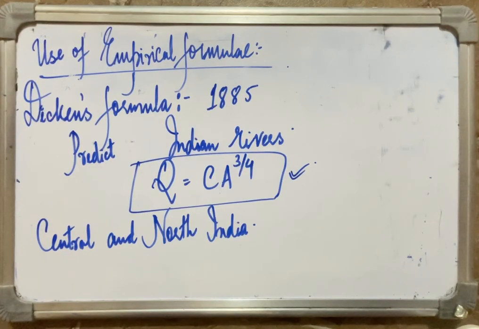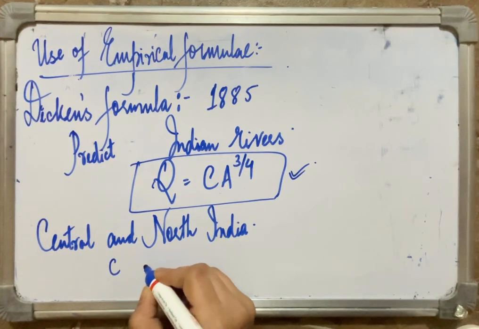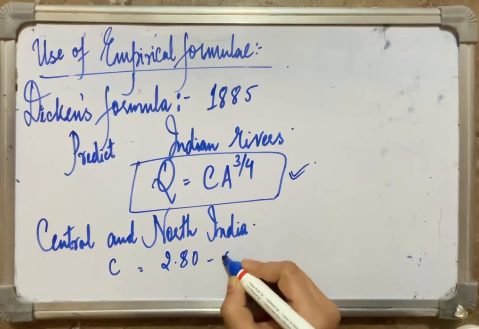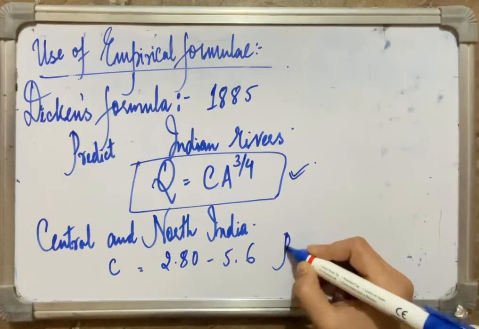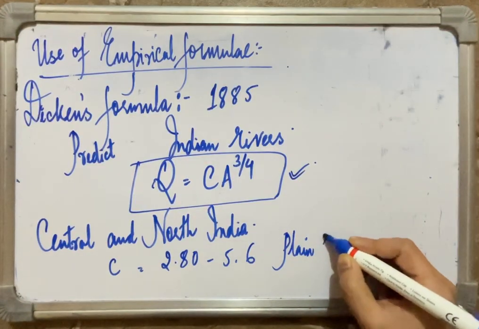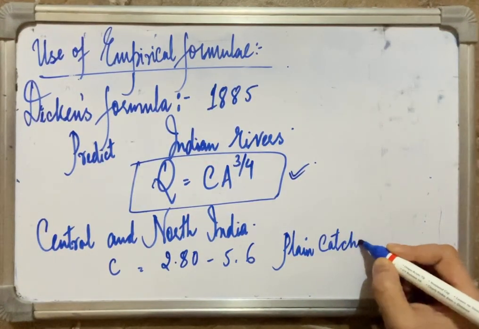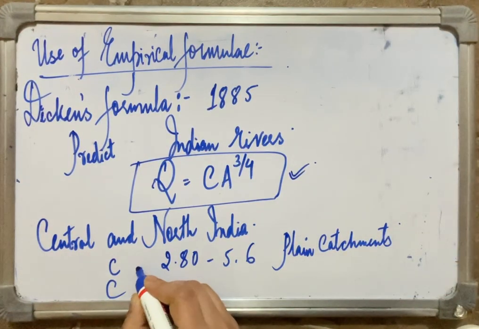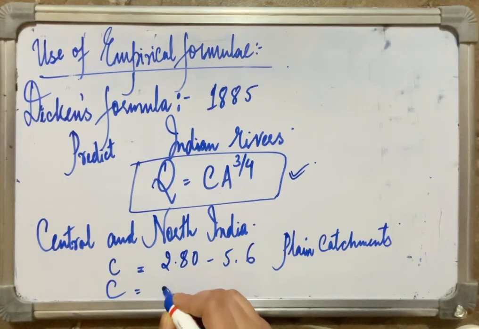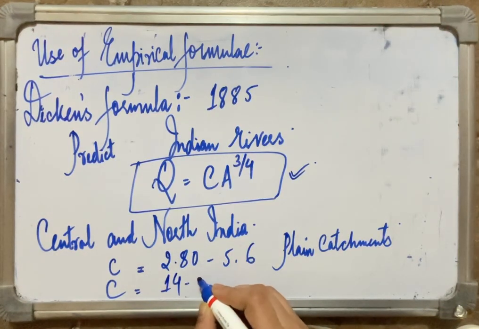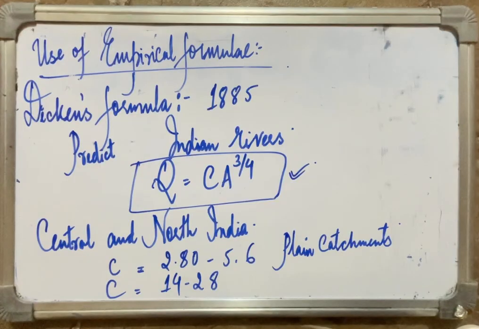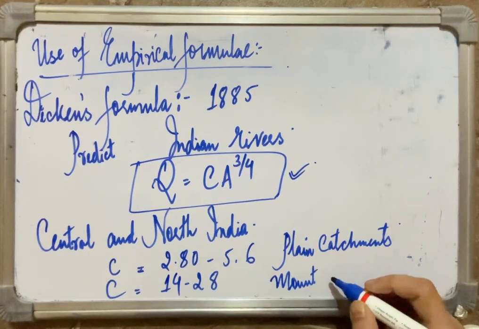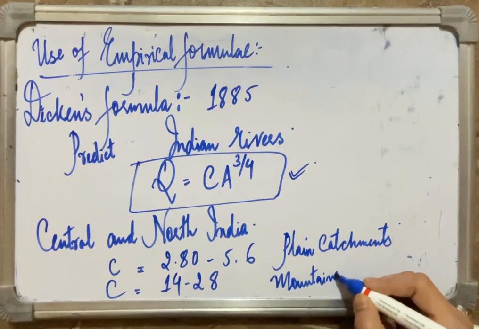This constant C varies from 2.80 to 5.6 for plain catchments, and C varies from 14 to 28 for mountainous regions, all right.